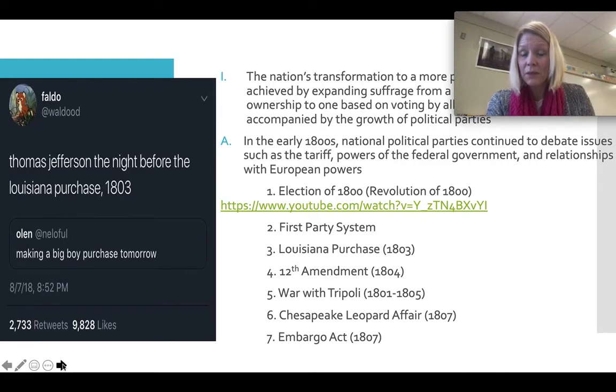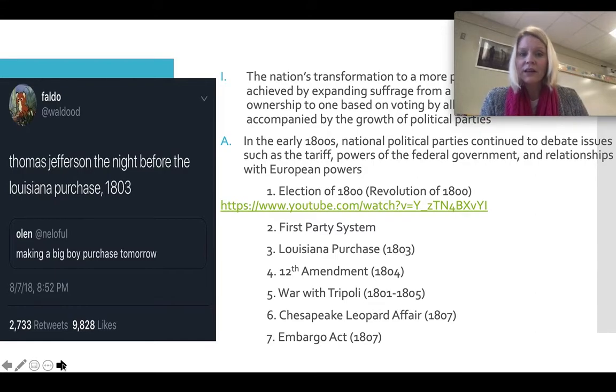When we talked about the impact of the revolution, really the only people who probably benefited were poor whites, maybe religious minorities, because women still did not have suffrage rights, Native Americans did not have suffrage rights, enslaved people were beyond suffrage rights. They didn't even have their own freedom. So we saw some increase in democracy, but definitely not completely.